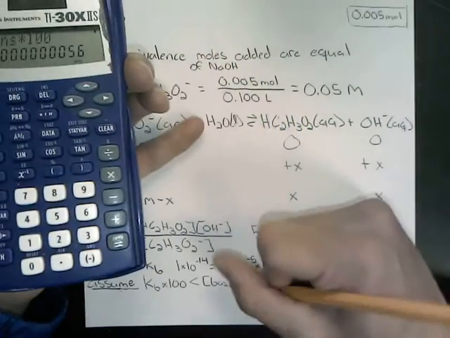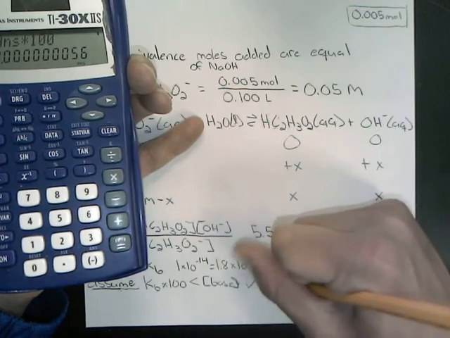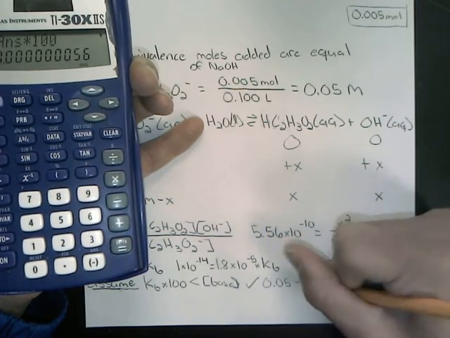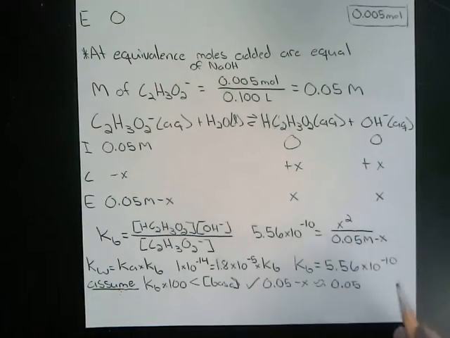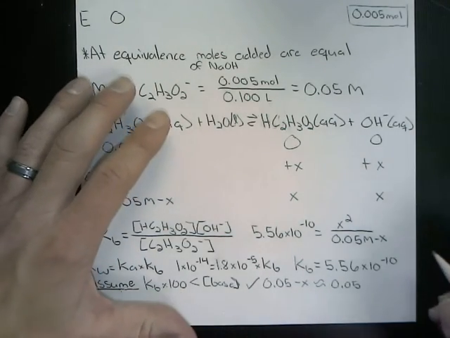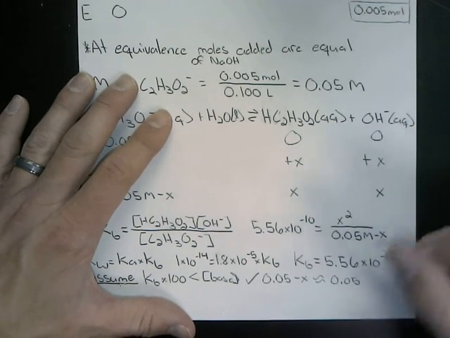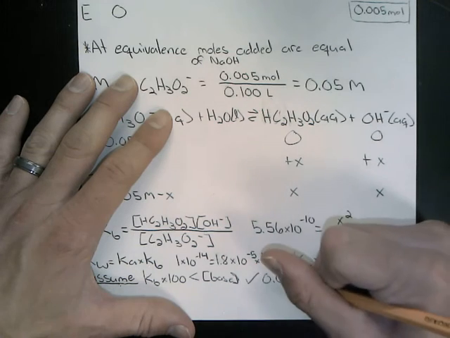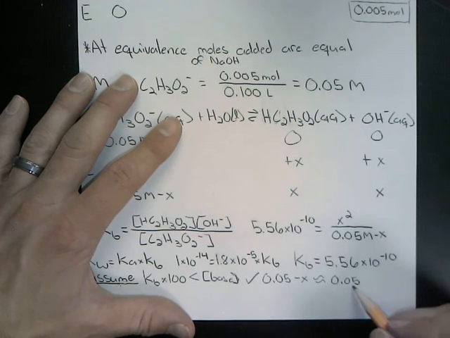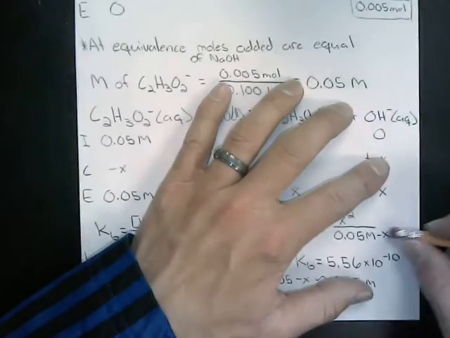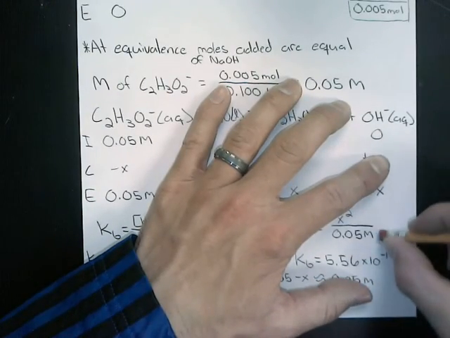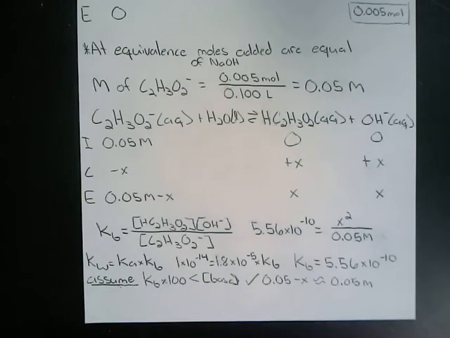So this checks out. That means 0.05 minus x is essentially equal to 0.05. Since 0.05 molar minus x is essentially equal to 0.05 molar, we can eliminate our value here. I'm just going to get rid of that due to space.